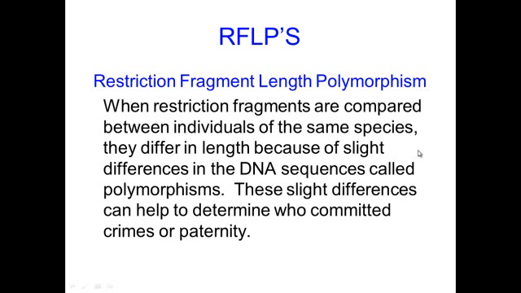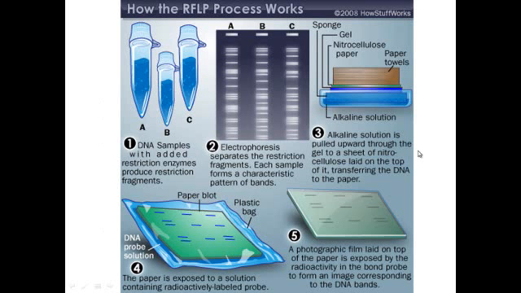Because the DNA is so huge, even those slight differences are enough to determine who did the crime or who the father is, who the paternity is for a certain child. So that's what it's all about. Okay, so again, this is looking at an electrophoresis type of thing.